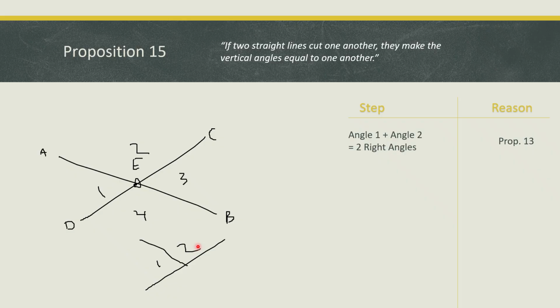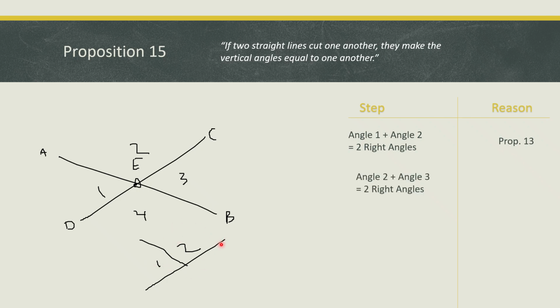It's because earlier, two propositions before, it states in Prop 13 that if a straight line set up on a straight line makes angles, it will either make two right angles or angles equal to two right angles. So a straight line set up on a straight line is equal to two right angles. We know that to be true.